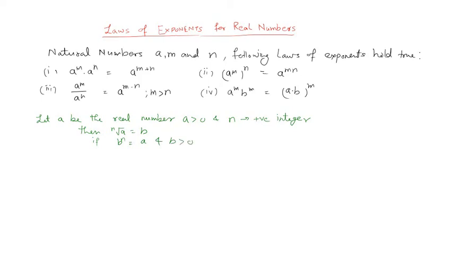So now let a greater than 0 be a real number, and p and q be rational numbers, then the following laws hold true. So what are these laws?